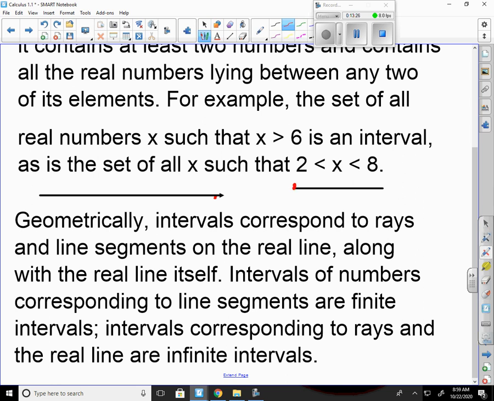This would be a finite interval because it stops at 2 and it stops at 8. X greater than 6 is a ray because it starts at 6. I should have an open circle here. It starts at 6 and continues on forever. Intervals corresponding to rays in the real line are infinite intervals.